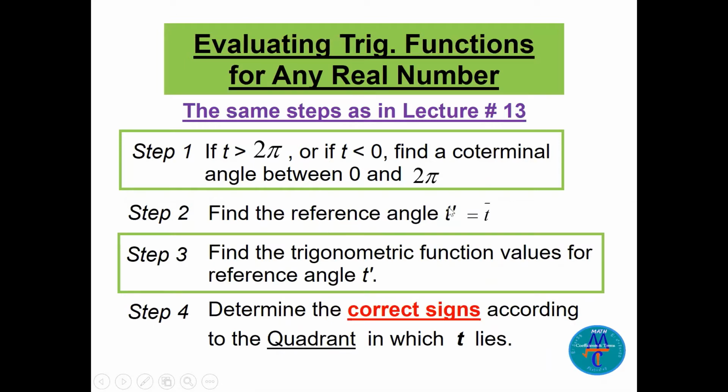Then we find the reference angle, which we call t prime or t dash. We called it theta prime or theta dash in lecture 13. Then we find the trigonometric function value for the reference angle, t prime. Then we choose the sign, plus or minus, according to the quadrant where t lies.